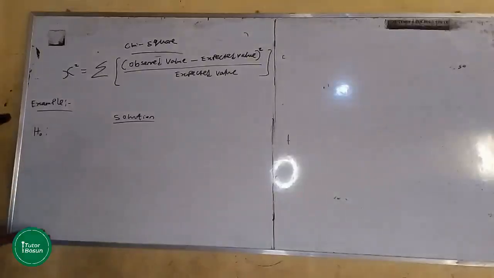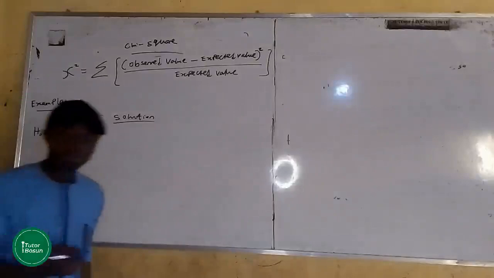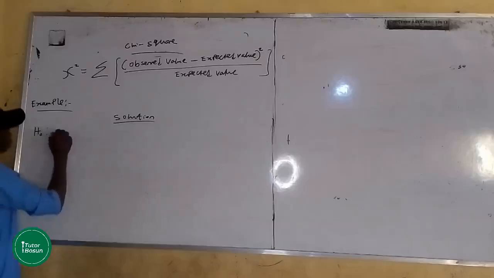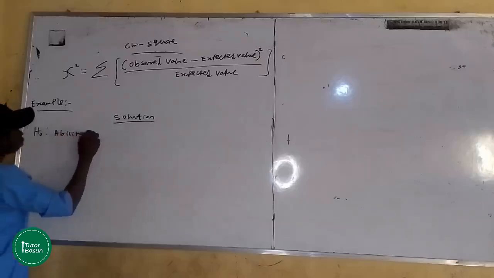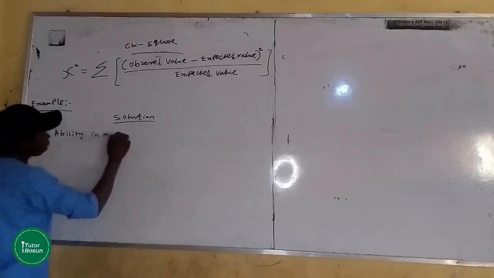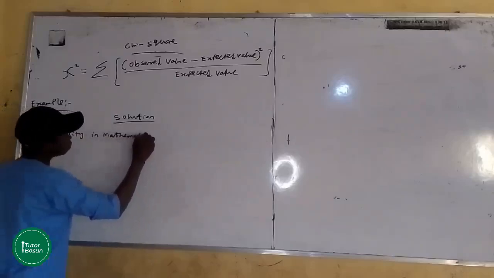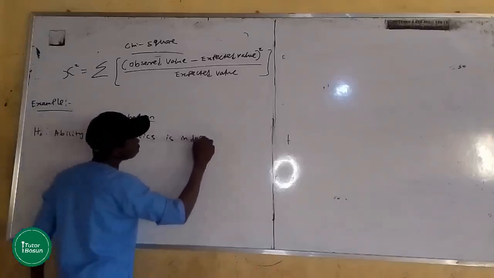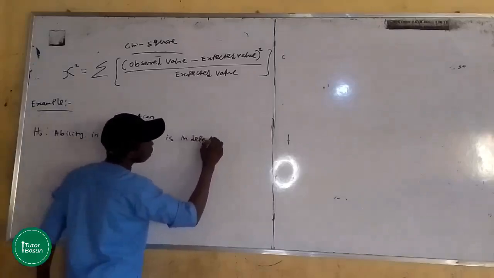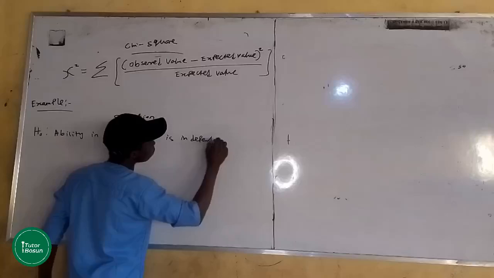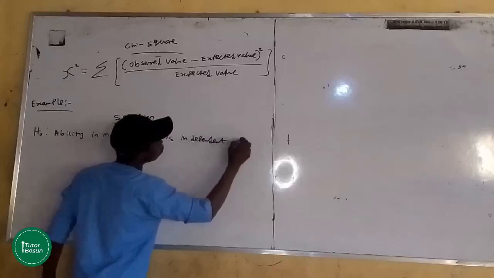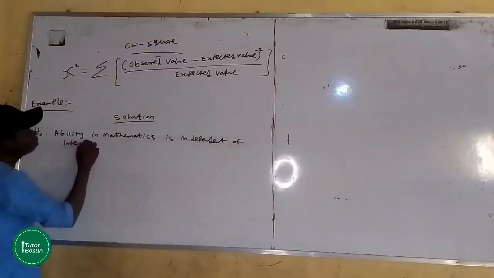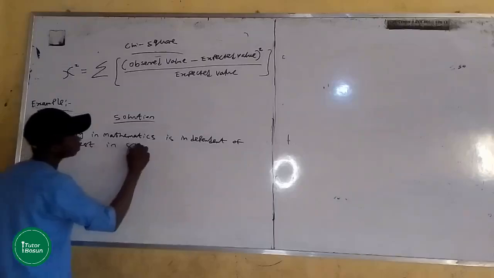Our null hypothesis should be that the ability in mathematics is independent of interest in statistics.